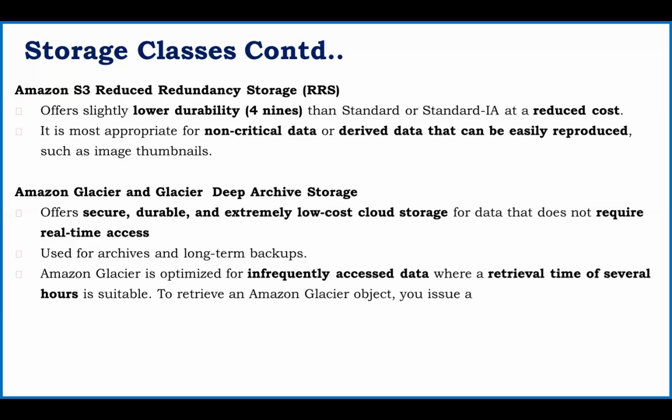It is optimized for infrequent access data, where a retrieval time of several hours is suitable. So these are certain types of S3 services available. If you have any questions, you can ask me.